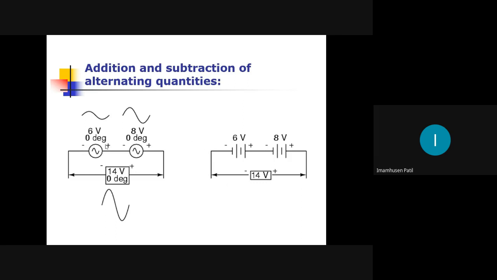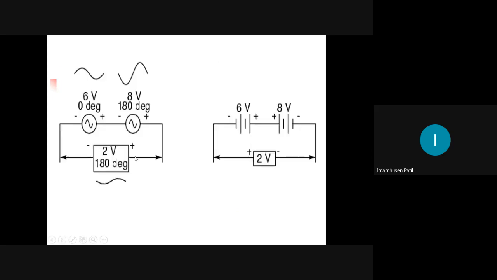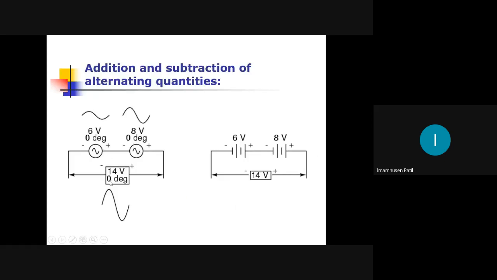But here in AC it is very difficult. Now you can see this is going through the positive cycle with the same phase relations, 6 volt and 8 volt.